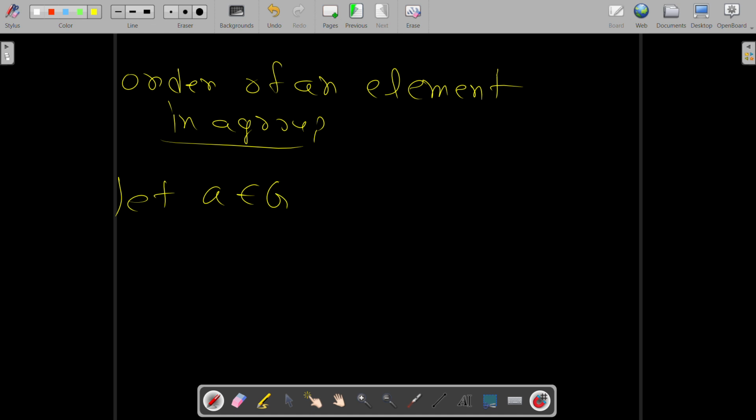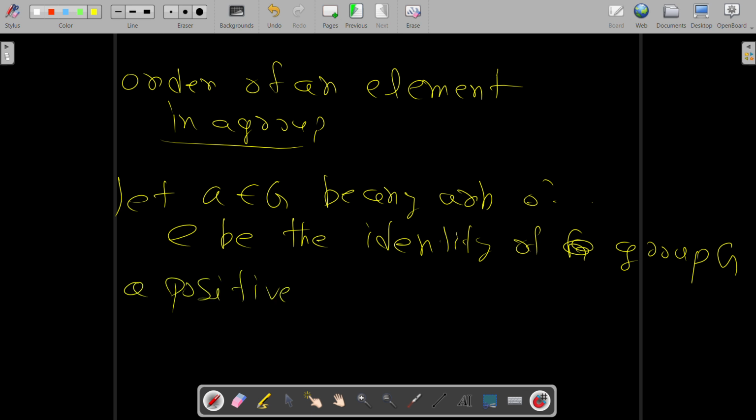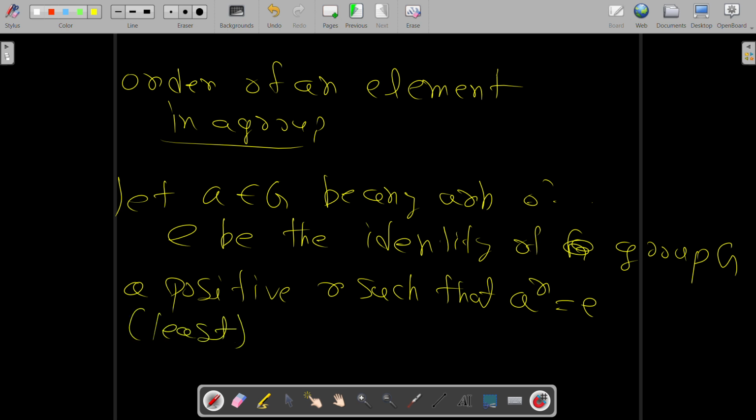Let A belong to G be any arbitrary element of the group, and E be the identity element of the group G. Now we'll have a positive number R such that A to the power R is equal to E. We are composing that binary operation R times on A such that A to the power R is E, and this is not only a positive number, this is the least positive number such that A to the power R is equal to E.